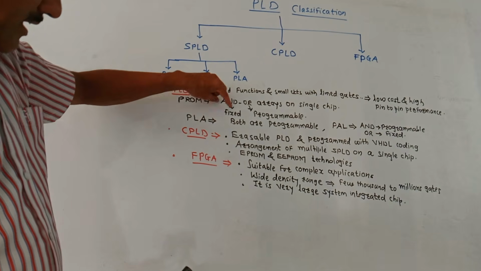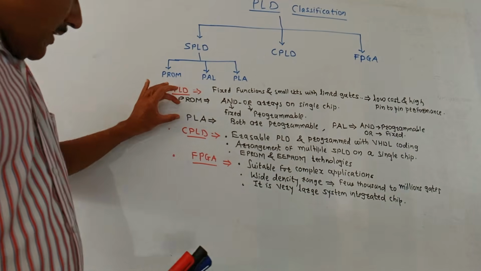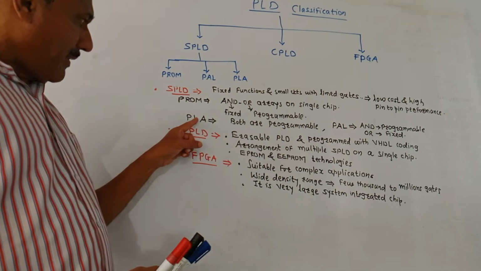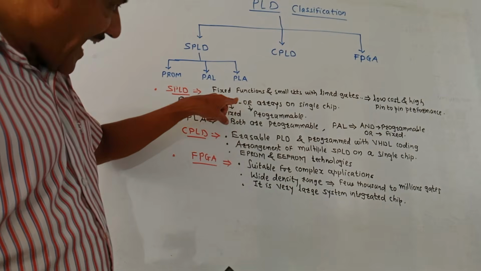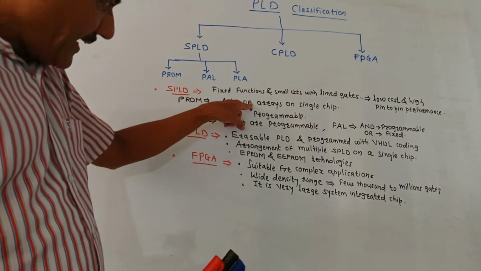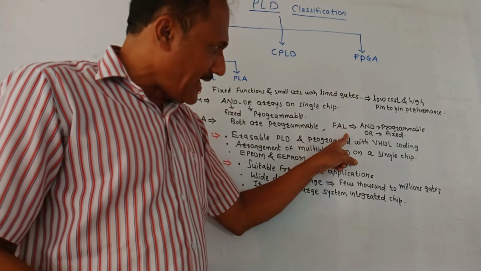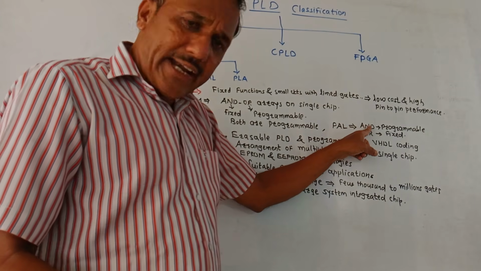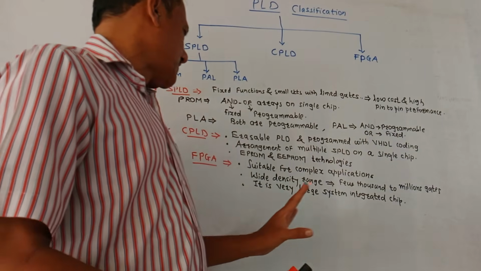And the AND array is fixed and OR is programmable. In case of PLA, that is programmable logic array, I'm talking about the second subtype, both AND as well as OR arrays are programmable, whereas programmable array logic, that is PAL, in this case, AND array is programmable and OR array is fixed.